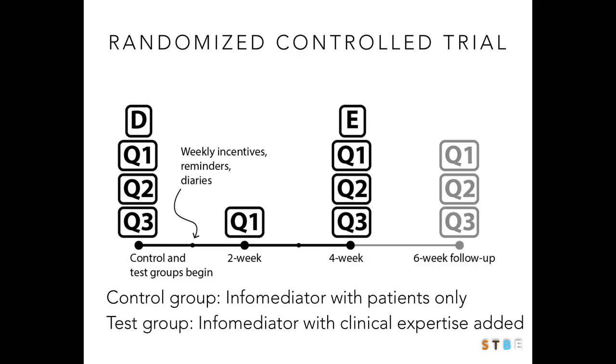We're using an instrument validated from information science for measuring trust and perceived usefulness of that information, so that we can see, depending on how useful they felt these threads were, whether that improves the outcomes in terms of self-efficacy, and how that result was different for the test groups who received added clinical expertise in the peer-patient conversation threads.